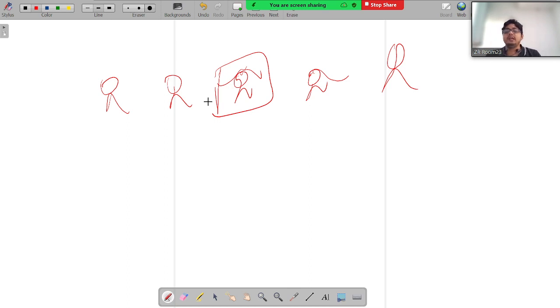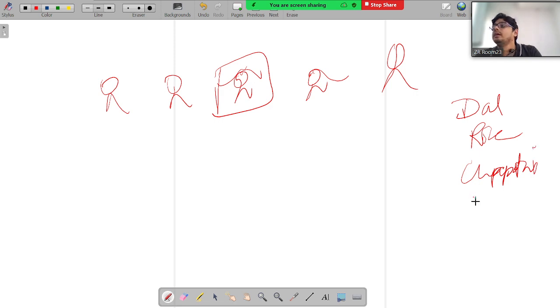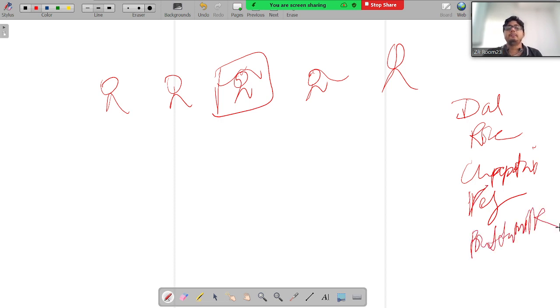So the menu for the guest is dal, rice, chapati, one vegetable, and buttermilk. Now these are the 5 things we are preparing for the guest.